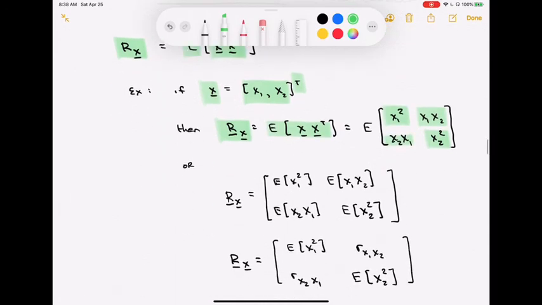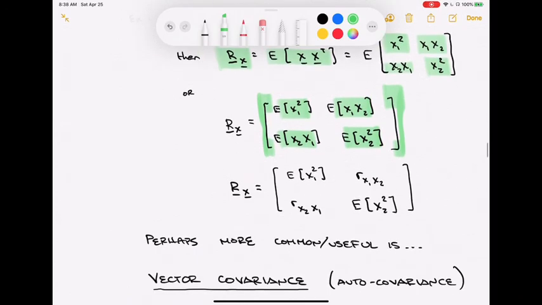I'm taking the expectation of that matrix. That's going to be just the matrix of expectations. So I get a matrix of all the expected values of each of those terms. I'm going to get expected x1 squared, expected x2 squared, or the cross terms, expected x1 x2 or expected x2 x1. If I take a look at that, recognize those off-diagonal elements are these correlations that we had seen before when we talked about bivariate pairs of random variables.